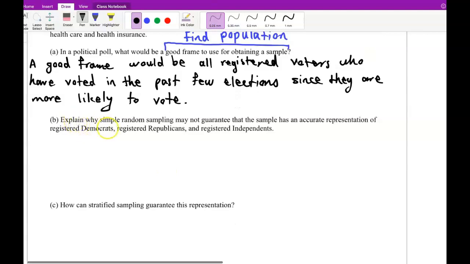And part B, explain why simple random sampling might not guarantee that the sample has an accurate representation of registered Democrats, registered Republicans, and registered Independents. So why this simple random sampling may not guarantee.